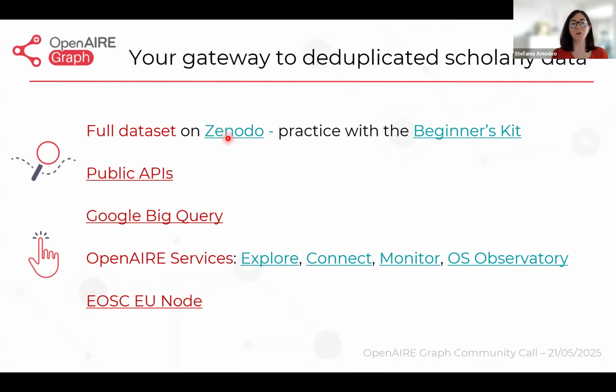We have also included all these links in the notes in the document that is shared in the chat, I guess, yes. So the full data set on Zenodo, and a subset of the data set is also published to practice with the beginner's kit.